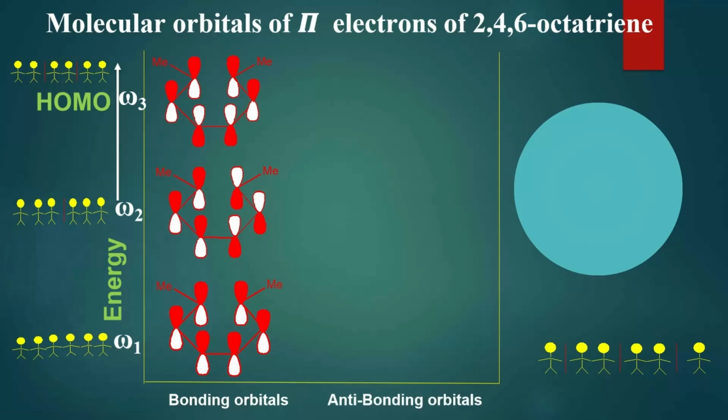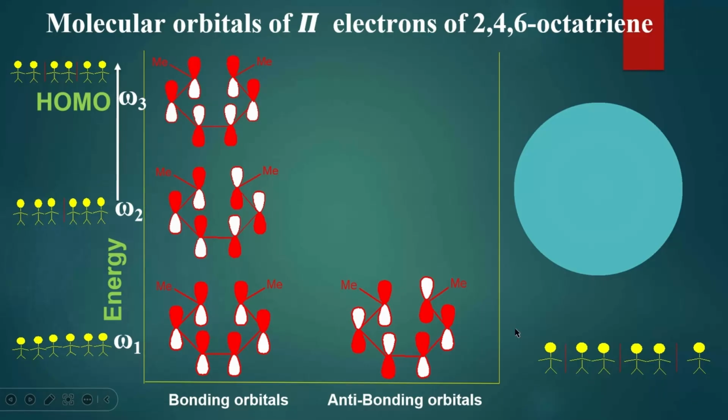Anti-bonding orbitals are possible. Here the 2 and 3 p orbitals are in opposite phases to each other. The 4 and 5 atomic orbitals are again in opposite phases. The 6 and 7 atomic orbitals are in opposite phases. I see it like this: the 6 friends are divided into 4 groups.